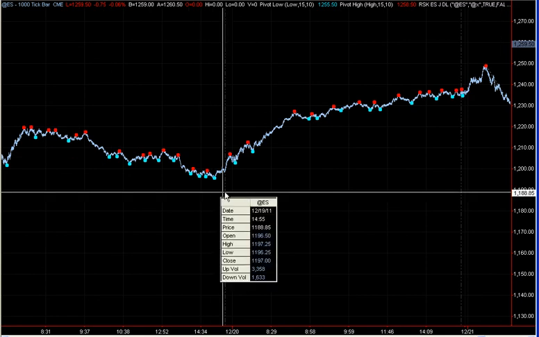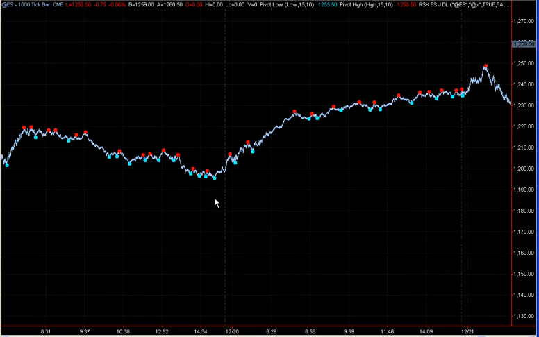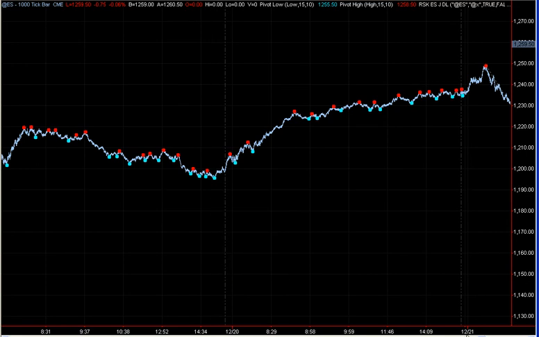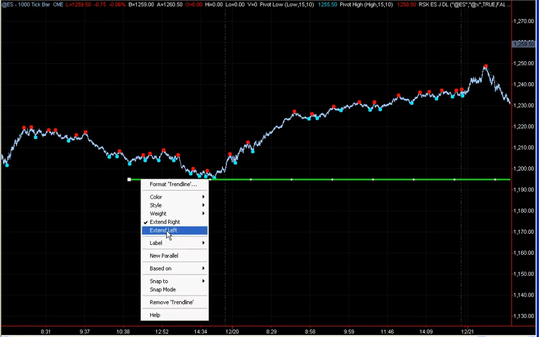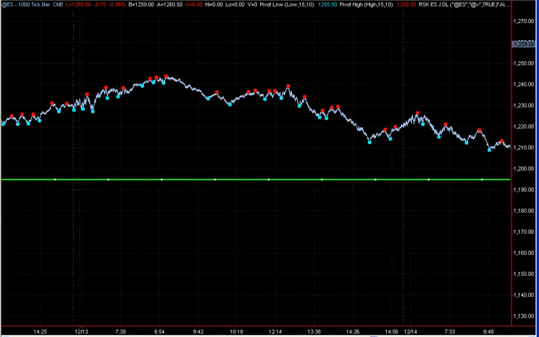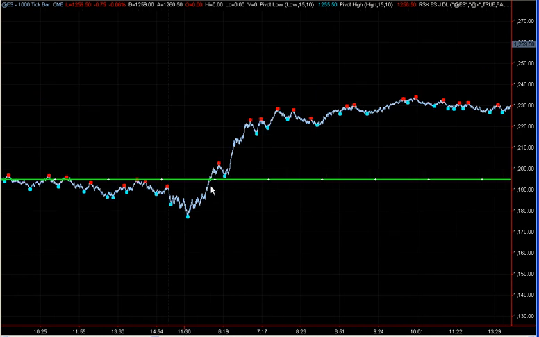Did the market go any lower than this? If we go back far enough, let's just create a trend line. We'll extend it to the left, and we'll just move back until we see where the market dropped, in fact, even further. If we go all the way back to 11:30, we see that the market had dropped even further.